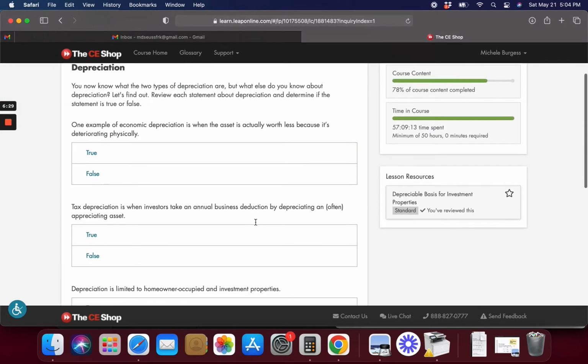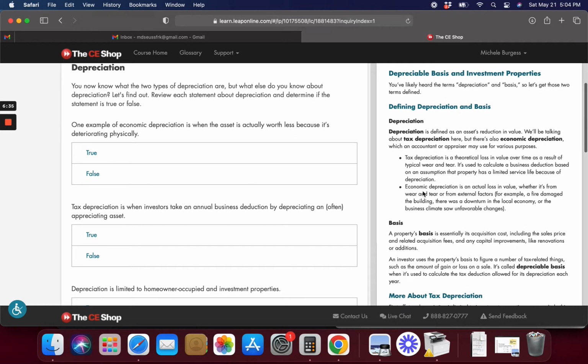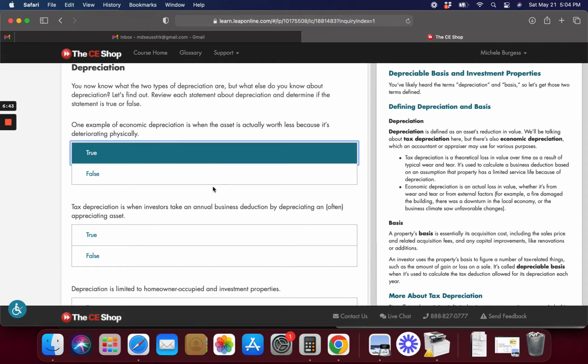One example of economic depreciation is when the asset is actually worth less because it's deteriorating physically. I would say it's true. Tax depreciation is when investors take an annual business deduction by depreciating an appreciating asset.